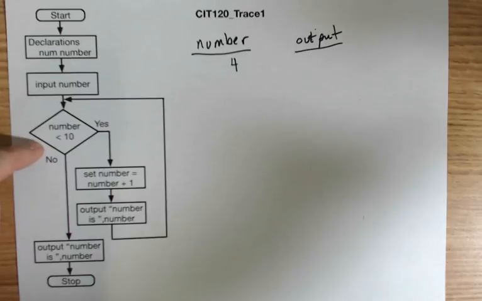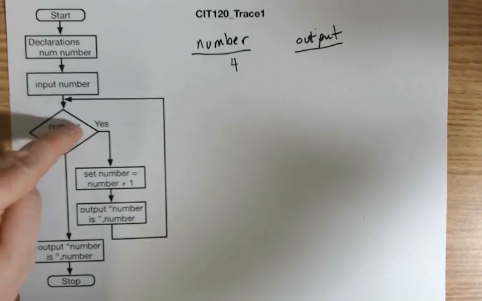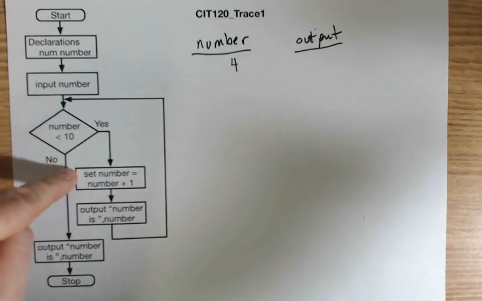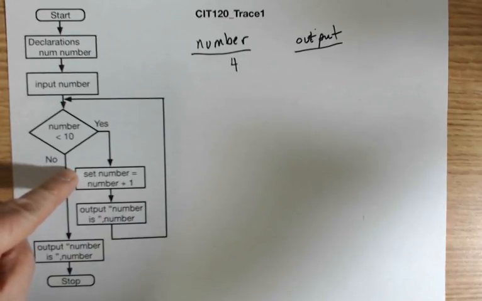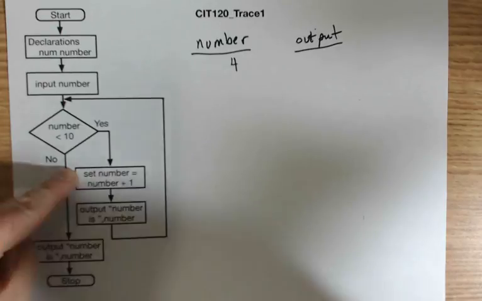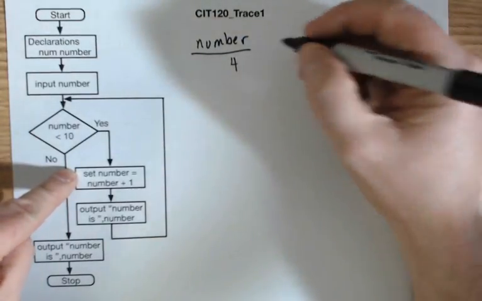We then go into this decision block that's asking the question, is the current value of number less than 10? Well, 4 is less than 10, so we take the yes branch and we go down to this box. And what this is saying is get the current value of number, add 1 to it, and store it back in number. So the current value of number is 4. We add 1 to it. That gives us 5. We store it in the variable number.